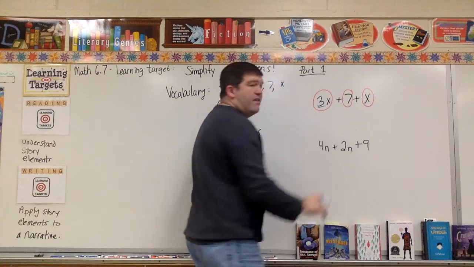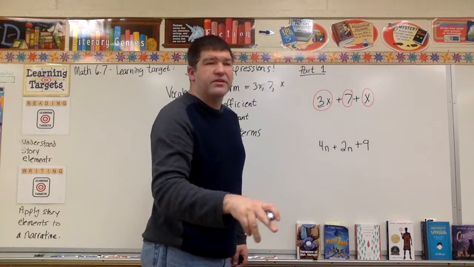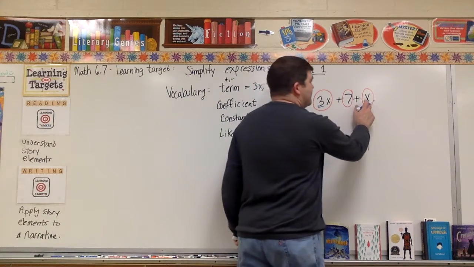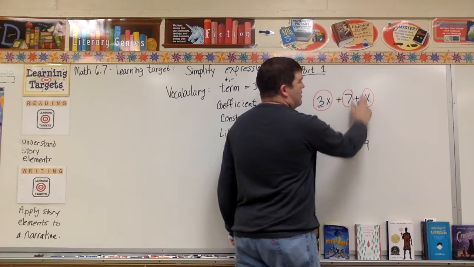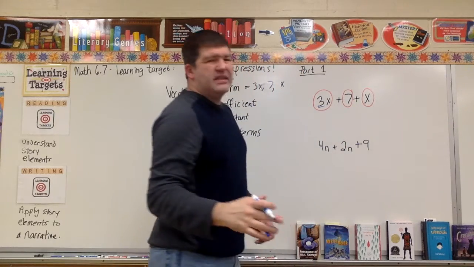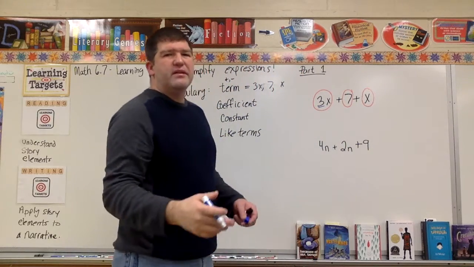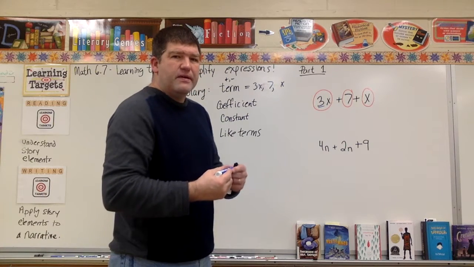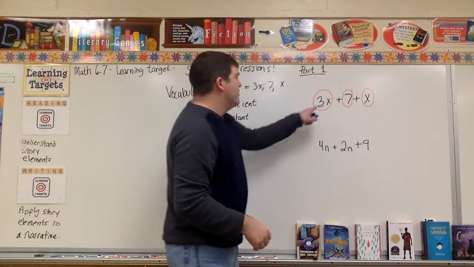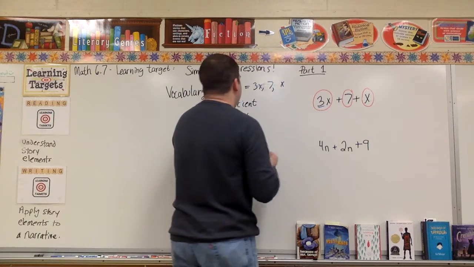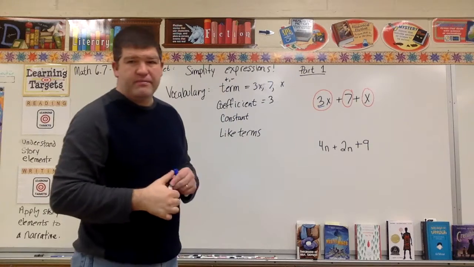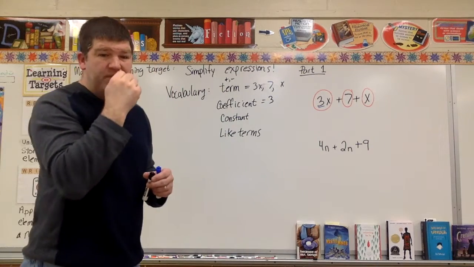This 7 doesn't have any variable, not a coefficient. I'll tell you what that is in a second. This x has a 1 next to it, but it's assumed and you don't have the 1, so you don't really say that as a coefficient. So 3 is my coefficient. I just have 1 coefficient in this one.